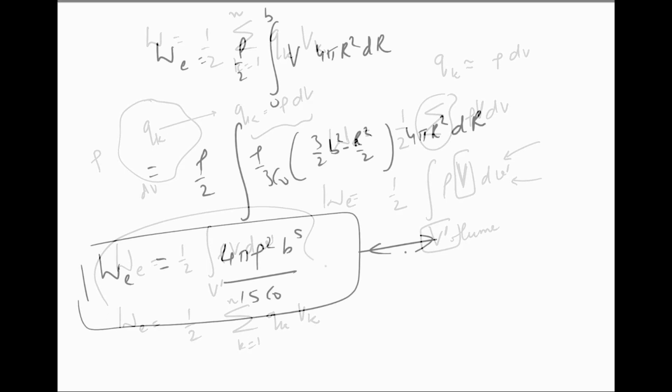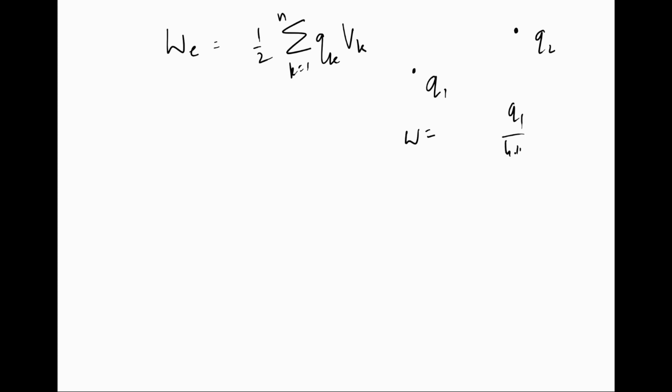Now I want to point out one big difference between these two kinds of equation. In the first equation for point charges, we were not considering the energy required to make a point charge. What I did was bring Q2 when Q1 was already present; the work done was Q1 by 4 pi epsilon naught, the potential at 2 because of Q1, into Q2. I did not consider the energy required to make Q1.